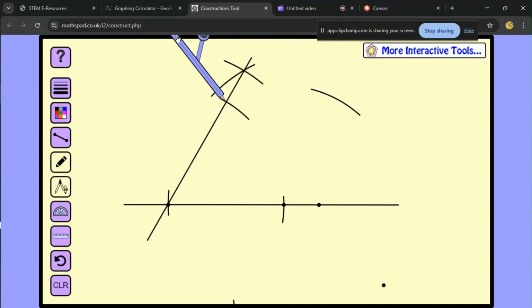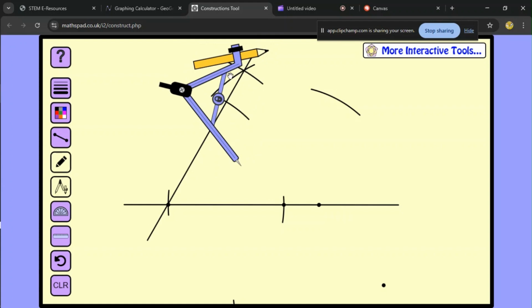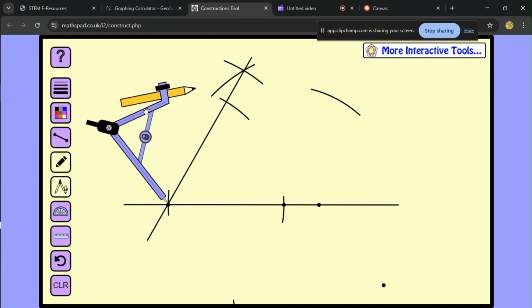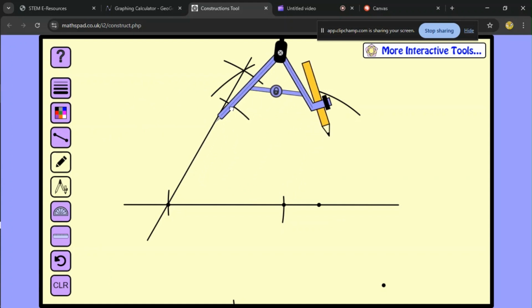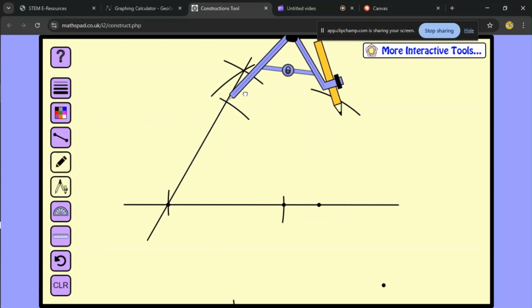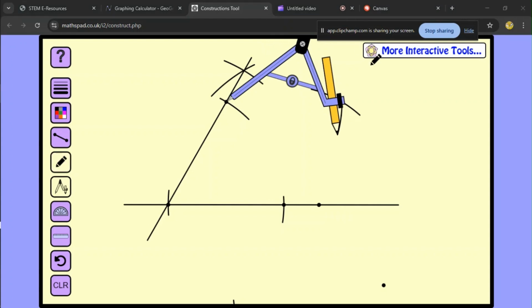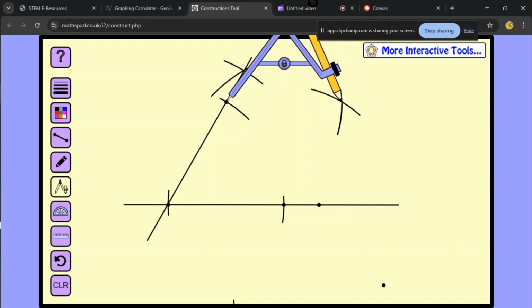Sorry, let me adjust it a little bit. So let me put it there. Then I put an arc on that side. Good. So I put an arc on two sides.